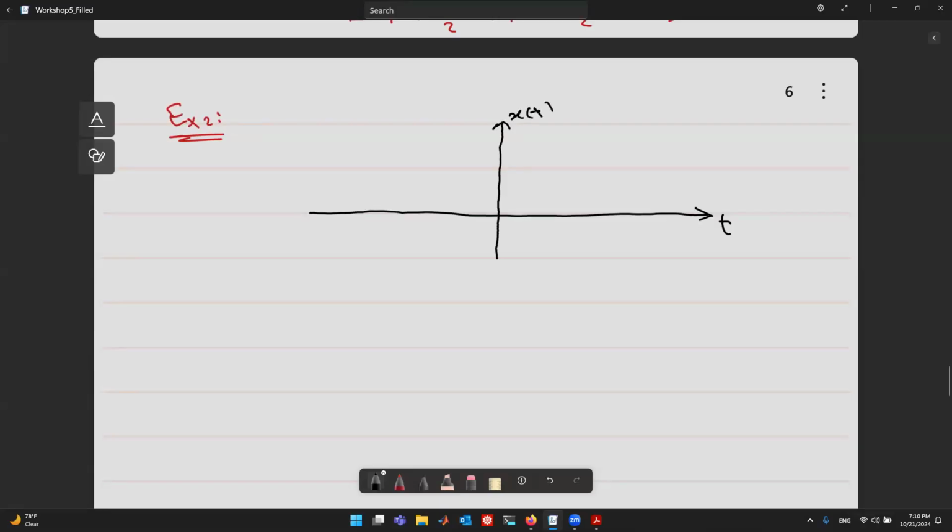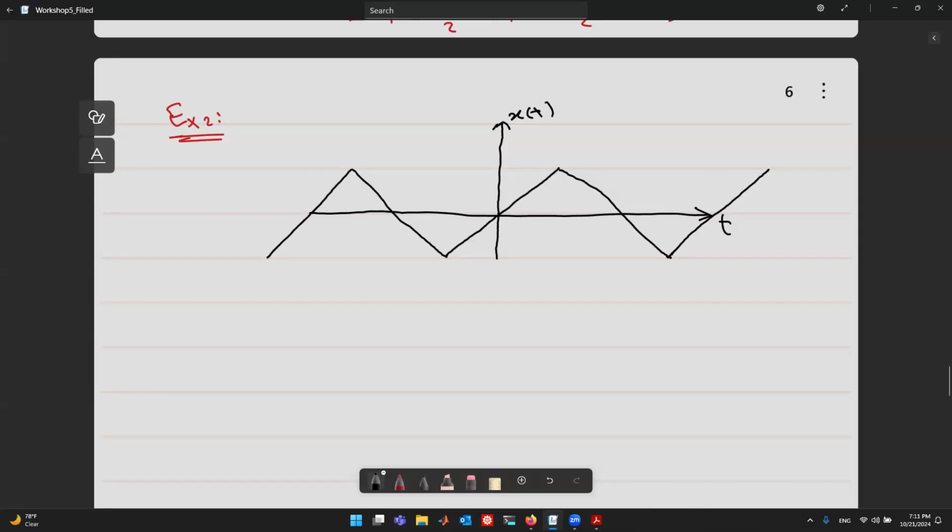Let's say this is called x(t), and it's given this way, and so on.